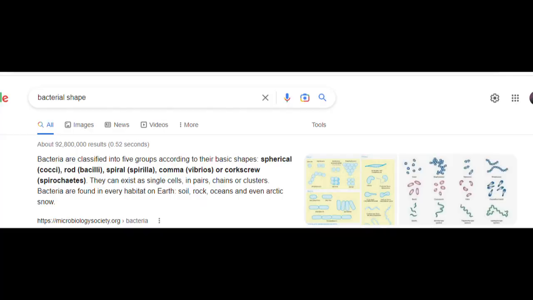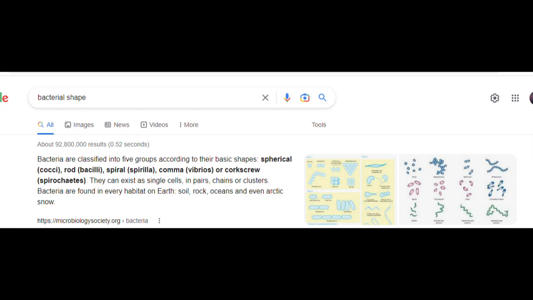Another of the appendages the bacteria have is the pili. Pili are hollow tubes that extend from the cell. They play no role in motility. They are straighter, shorter, and thinner.